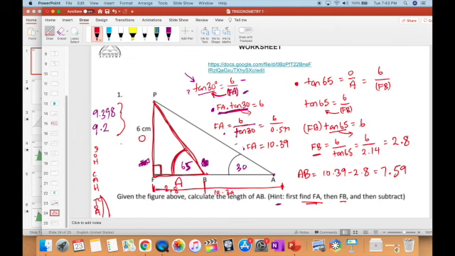Caitlin, where did you go wrong? I had the 2.8, it was just FA that gave me problems. I had 2.5, so I only had 0.5 for when I did the tangent, so it kind of mixed up. So is it that you had 6 divided by the tan of 30? You had that? Yeah. And you just went 6 divided by 0.5?